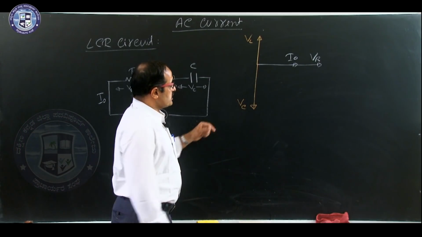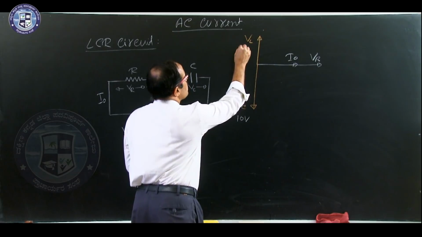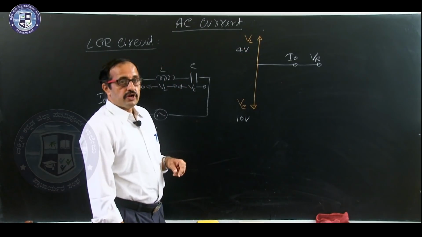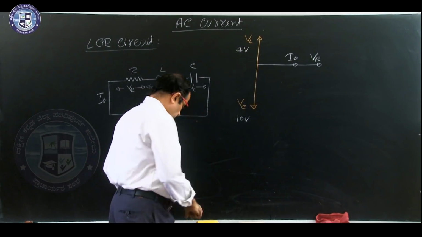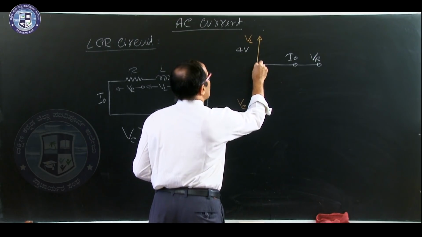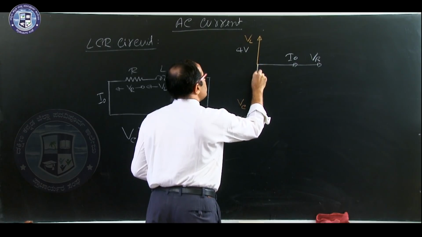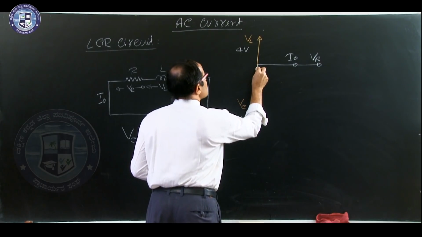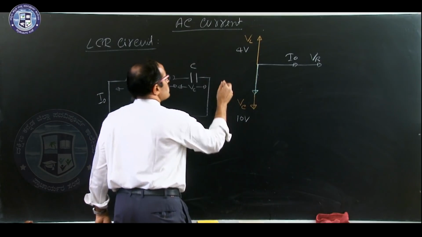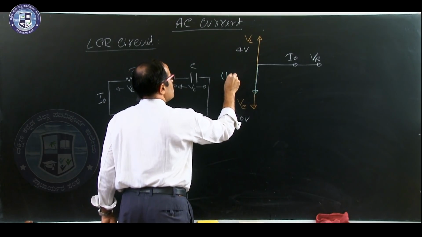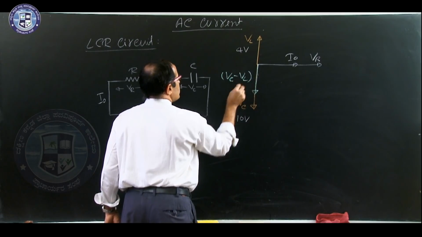Let us say this is 10 volts, it is 4 volts. What is the resultant? 6 volts. In which direction? Downward. Therefore, we get the resultant of Vl and Vc in the downward direction, like this. So, this represents Vc minus Vl.